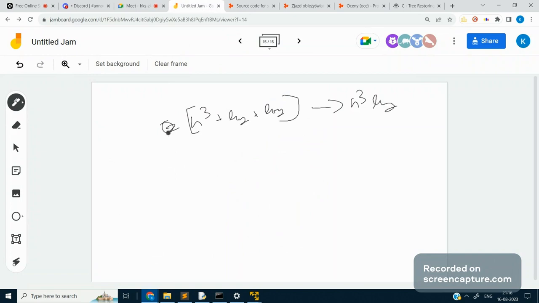Now notice that if we maintain the matrices which are powers of 2, so A to the power 1, A to the power 2, A to the power 4, and so on till A to the power 2 to the power k. In the initial matrix we only maintain A to the power 0, and now we do something similar to binary lifting.